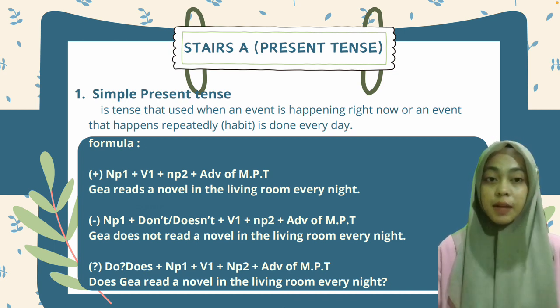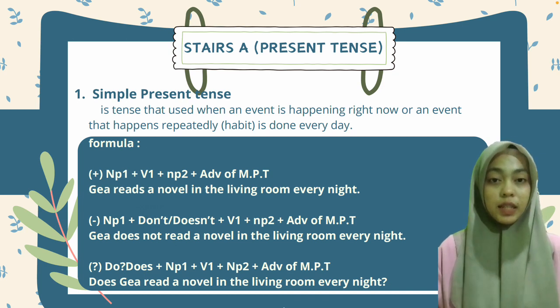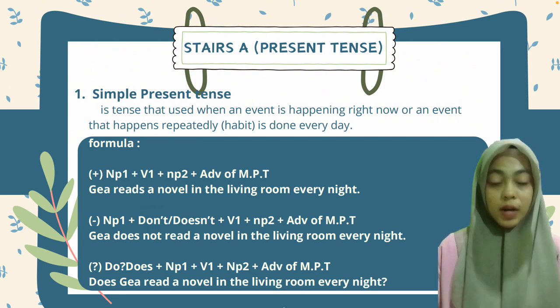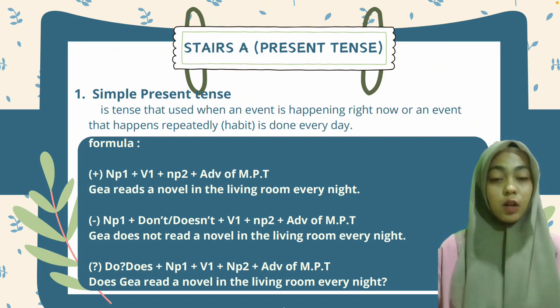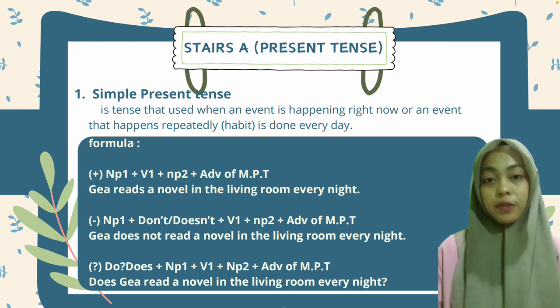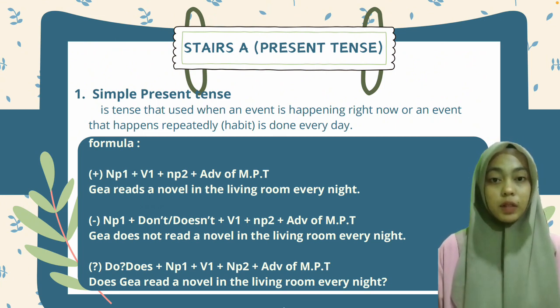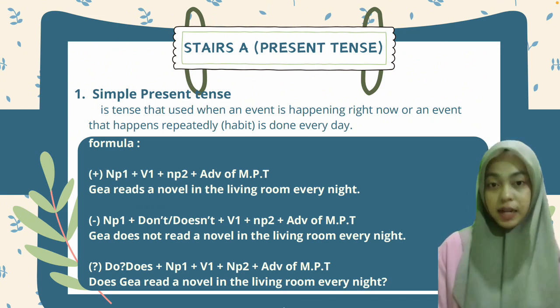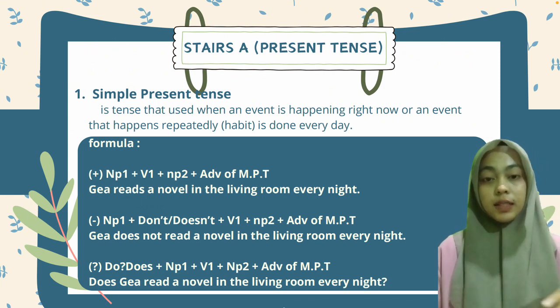The example is like Gea reads a novel in the living room every night. So Gea is the noun phrase 1, reads is verb 1, and the novel is NP2 or noun phrase 2 object, and the living room is adverb of place, and the last one every night is adverb of time.